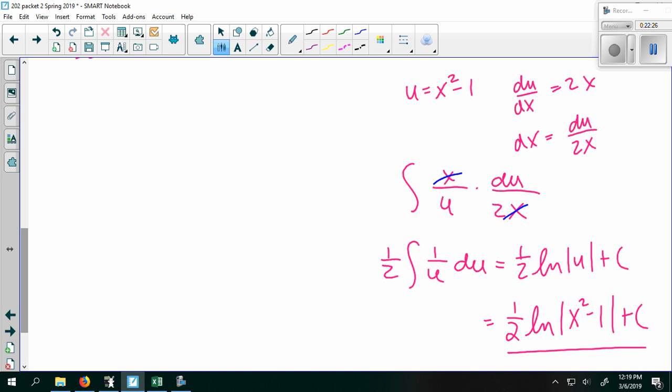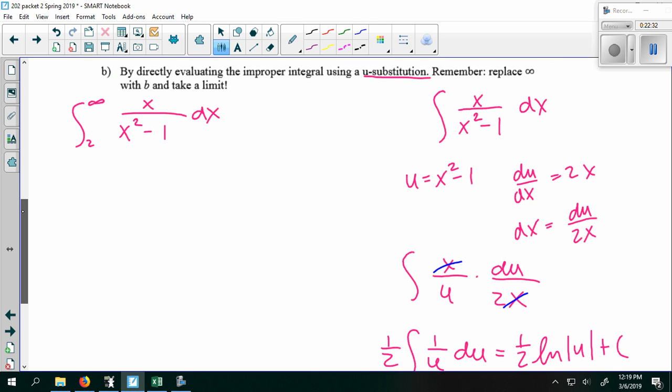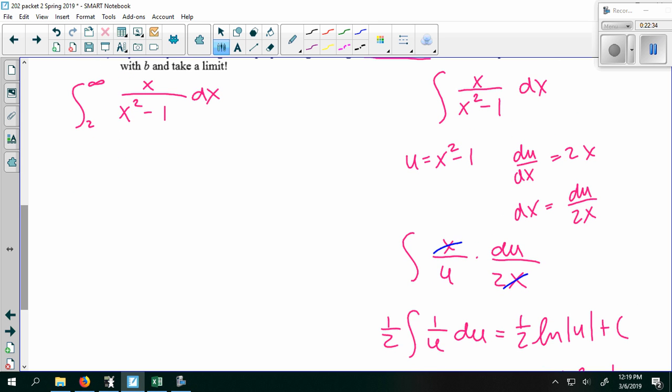So I'm going to go back to my definite integral, use that antiderivative to evaluate it. Okay, so the integral from 2 to infinity of x over x squared minus 1. So instead of going from 2 to infinity, I'm going to go from 2 to b and take the limit as b goes to infinity of x over x squared minus 1 dx.